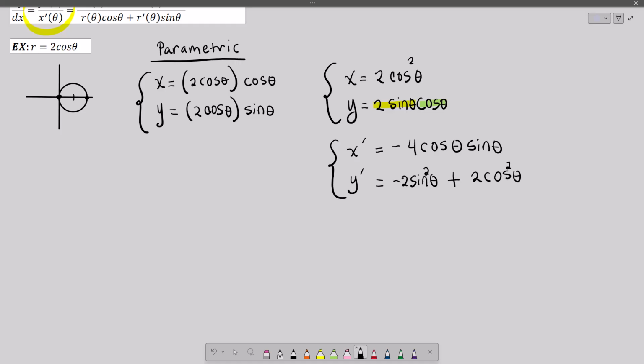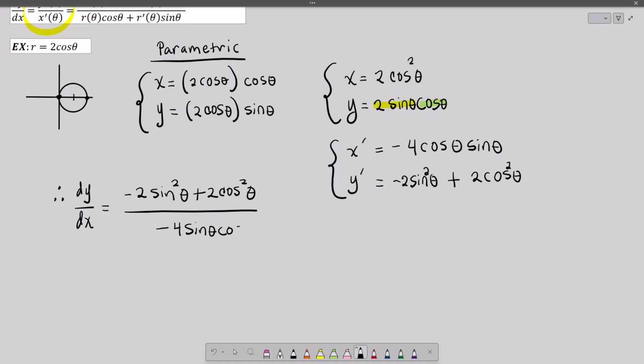So therefore, now we know our derivative. So dy/dx, the slope of the tangent line, is going to be negative 2 sine squared of theta plus 2 cosine squared of theta, all divided by negative 4 cosine theta sine theta. Once again, I can't help myself, we always see it in the books as sine cosine.